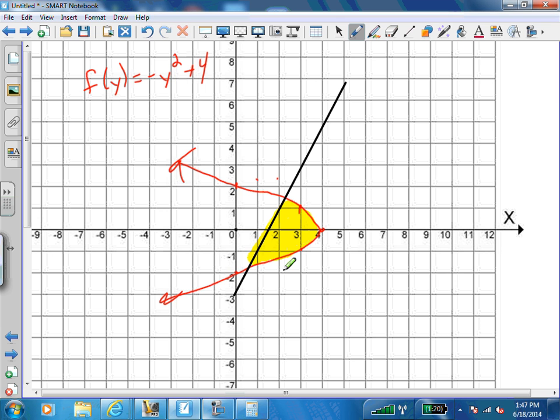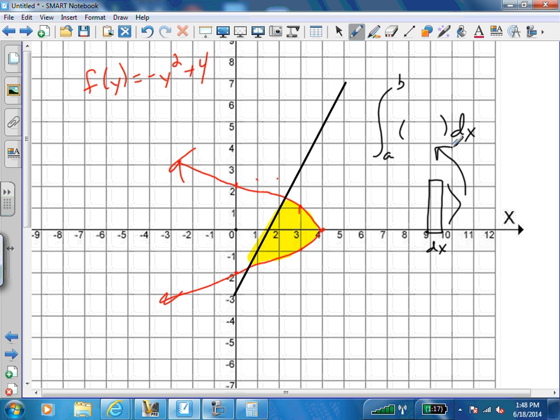Well, normally when we integrate from a to b, the difference in our functions times dx, which in a sense represents a rectangle where the width is dx, the length is given by that difference.